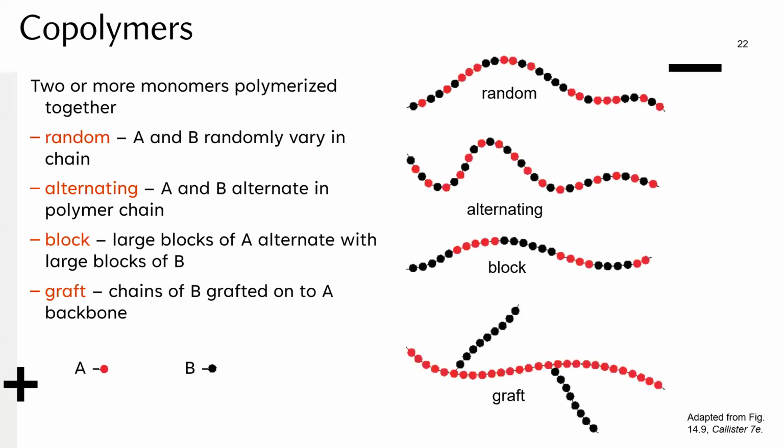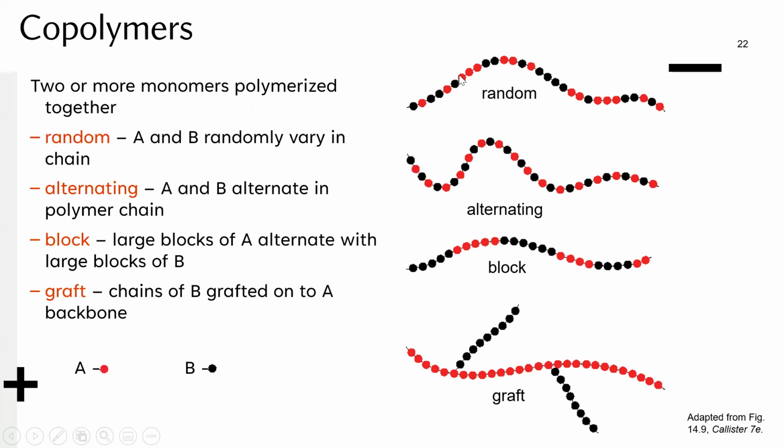So what do I mean? What I mean here is that you can have two different types of monomers, A and B, that alternate within the same backbone. So here you've got a very nice pattern. You've got 1A followed by 1B and then again 1A, 1B. So you've got an alternating pattern.